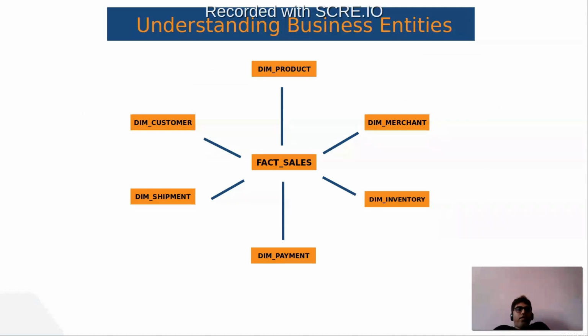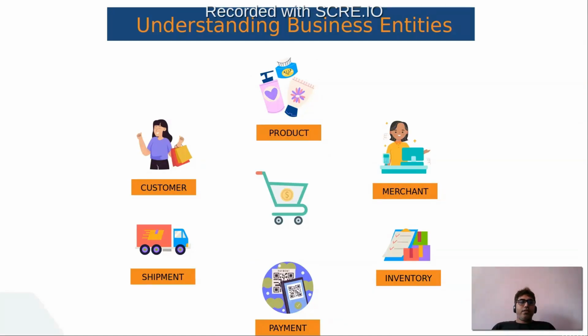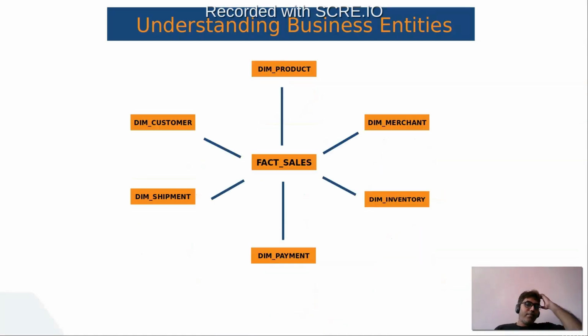Now see, all these business entities we had previously, we have converted them into tables, a structure. So we have all these dimensions and they are participating together to form an order, that is sales, that is business transactions.